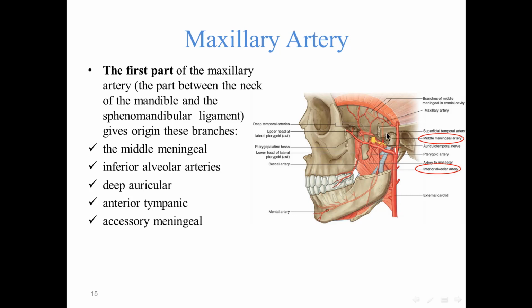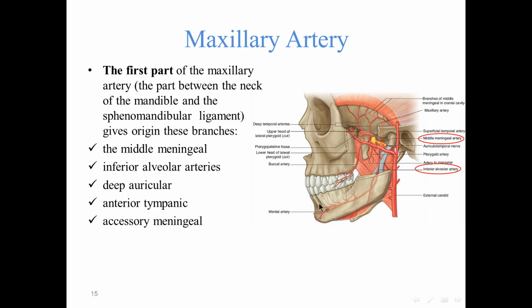Another important branch that arises from the first part of the maxillary artery is the inferior alveolar artery. The inferior alveolar artery descends in the infratemporal fossa and finally enters the mandibular foramen and supplies the tooth by the dental branch.